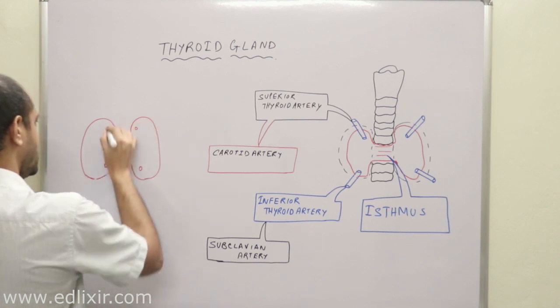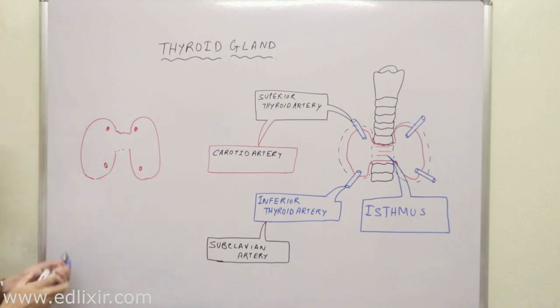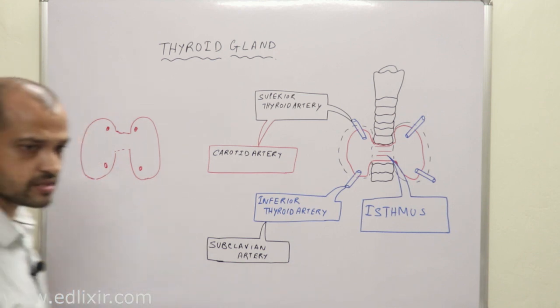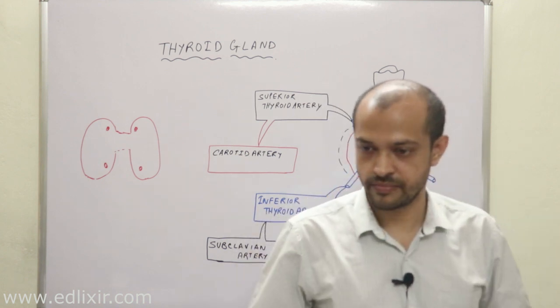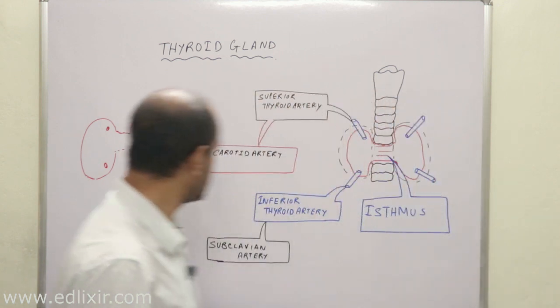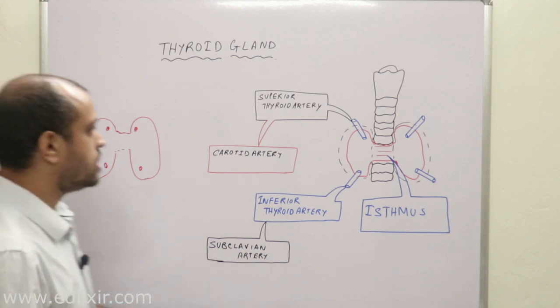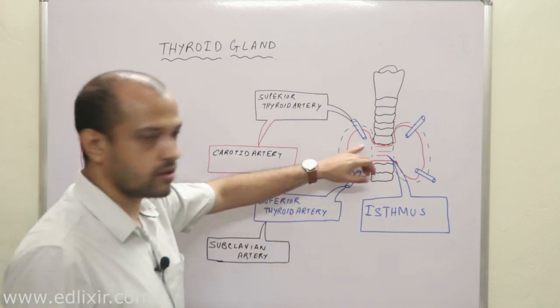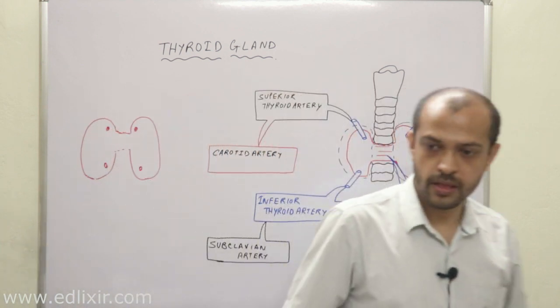If you look from behind, you will see these glands. What are these glands? These are nothing but your parathyroid glands. That means parathyroid glands are present in the posterior aspect of your thyroid glands. Clear?